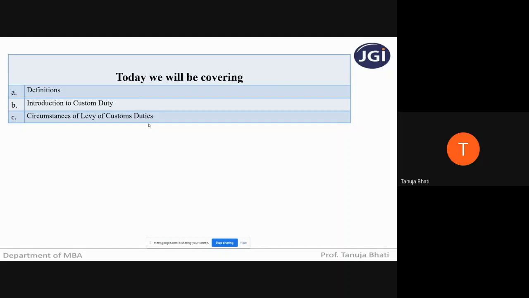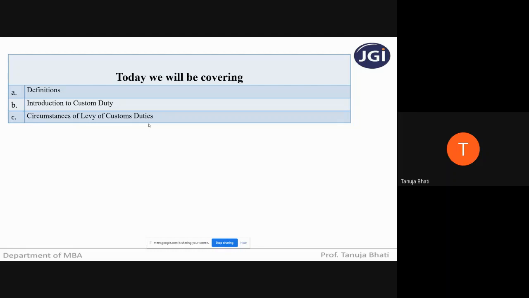See students, customs duty is not levied on the person who is importing the goods. It is levied on the goods that are being imported by the person. So remember, duty is levied on goods and not on the person. And that is why it falls under the category of indirect taxes.